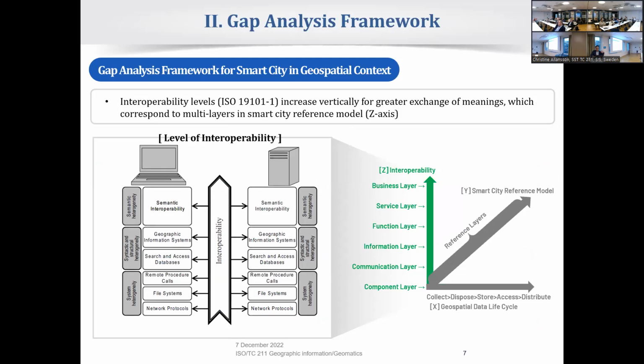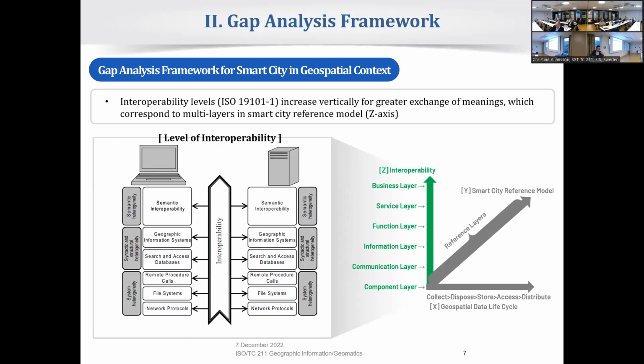The level of interoperability is the z-axis. As 19101 Part 1 says, the interoperability levels increase vertically for greater exchange of meanings. So we have different levels of interoperability.